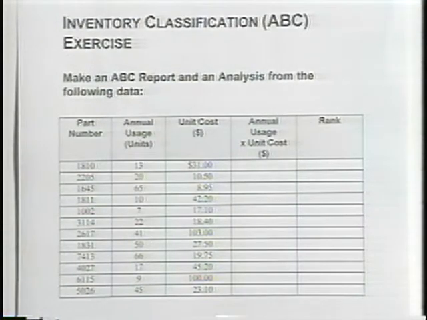So here's your homework assignment. You're going to take the annual usage for each item and multiply it by its unit cost. Then you're going to literally record that on the second column from the right, and that column is headed annual usage times unit cost. Another term for that column is annual usage value.